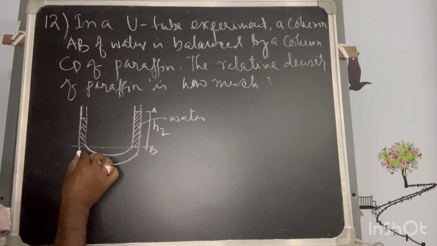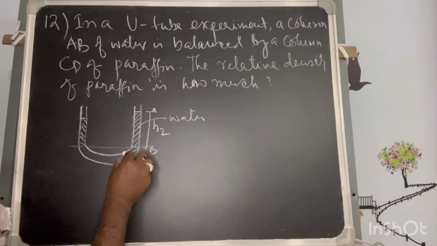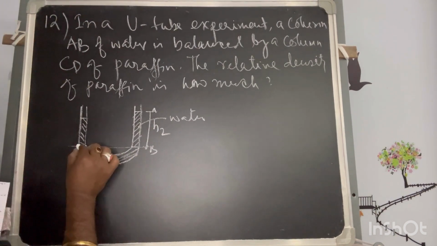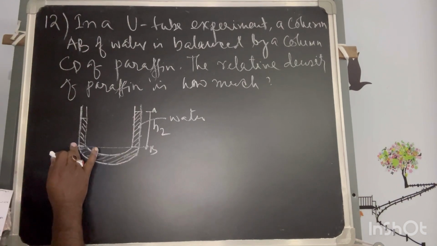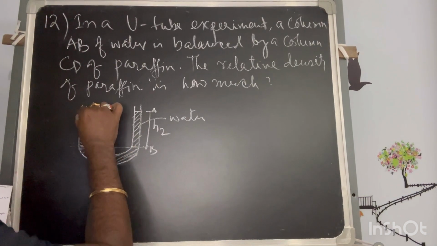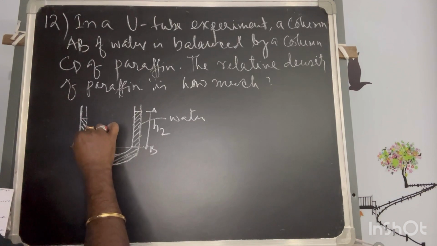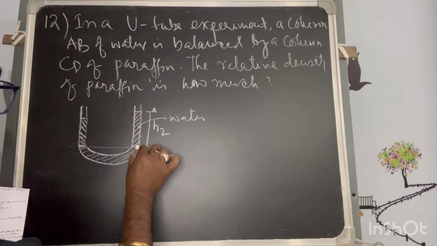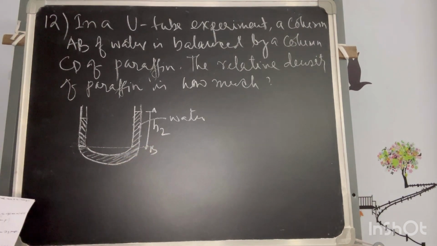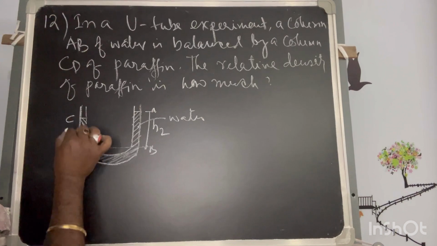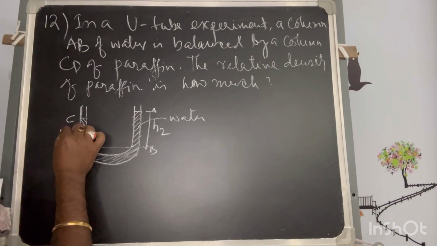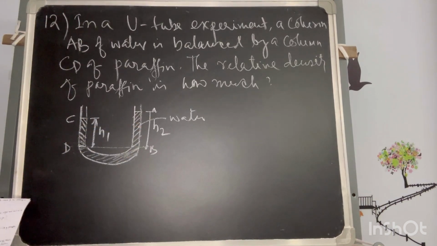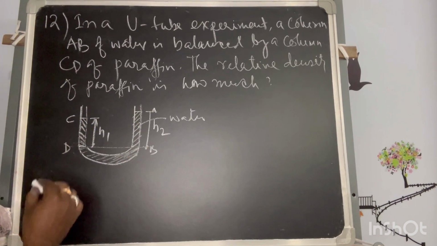Now the water and paraffin are immiscible, so they are not mixing with each other. They are separated by a boundary here. So the two densities are different, and the layers are seen differently. This is the part given by C and D, and let's say the height is H1. So this is your paraffin.